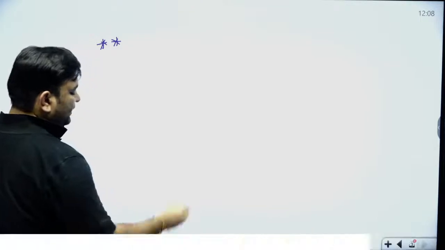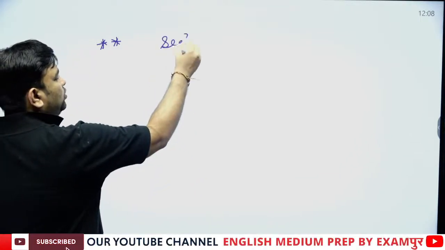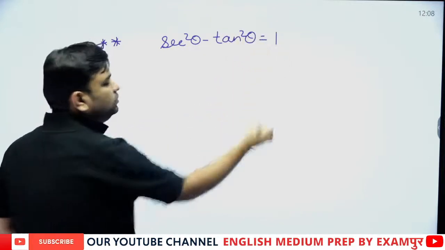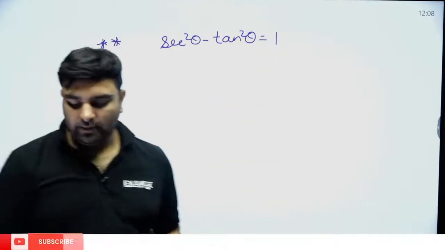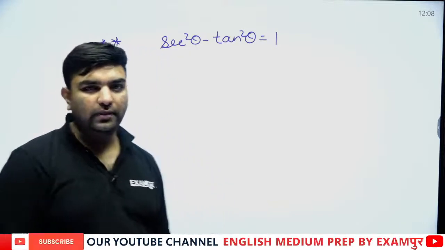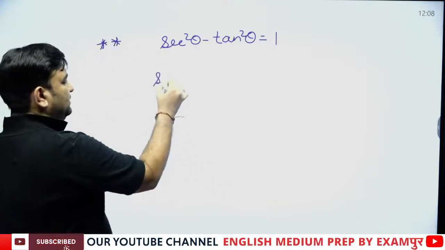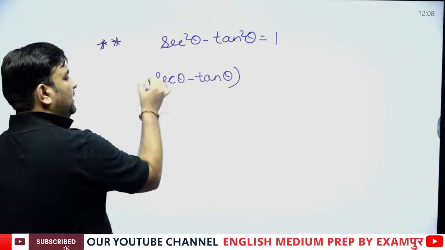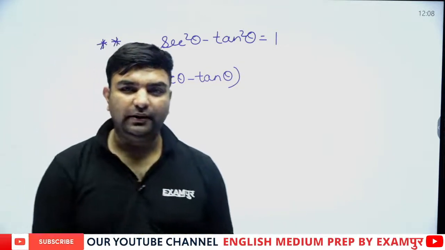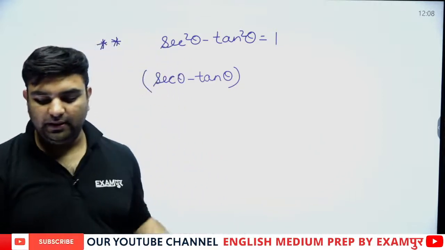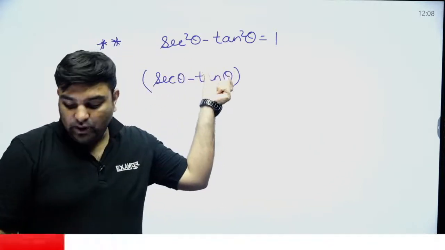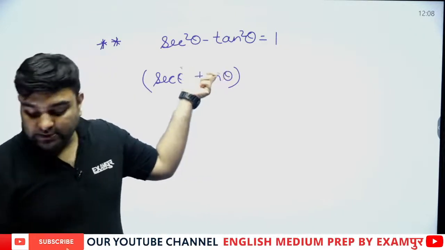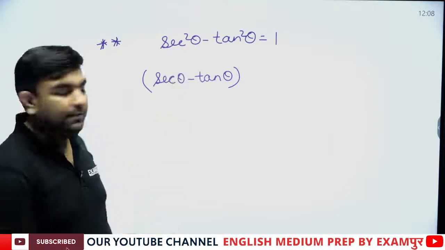From sec square theta minus tan square theta is equal to 1, you can make more use of it. One is sec theta minus tan theta. A square minus B square can be written as A minus B, A plus B.